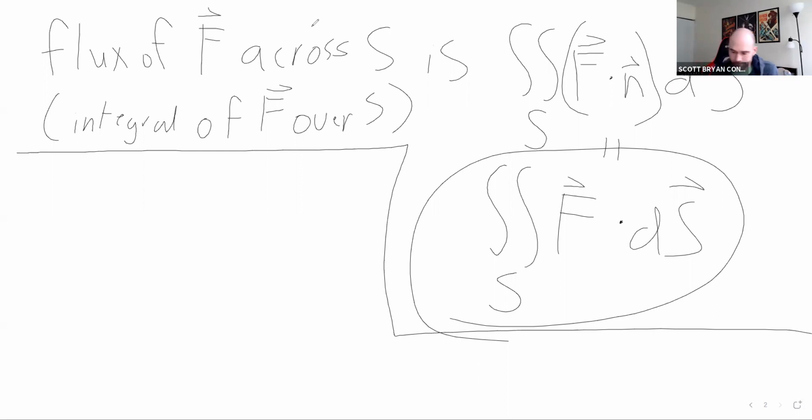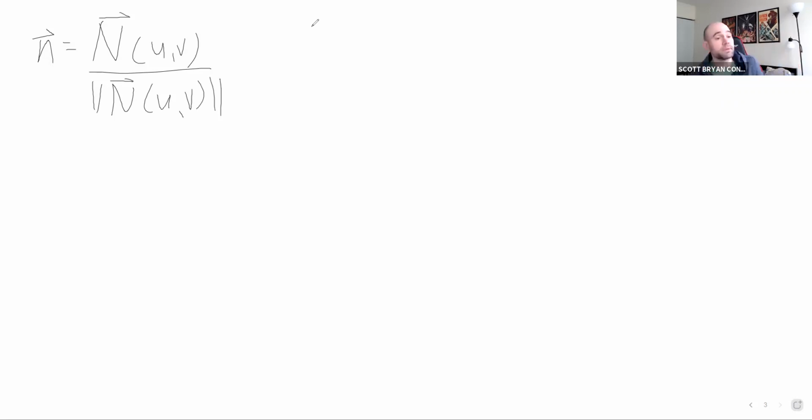Okay, so let me do this on another page. Okay, so our unit normal vector, we can think of it as what I will write as, this is a little different than what I wrote yesterday. It's going to essentially be the same thing, but maybe a little less ambiguous. So it's going to be capital N of uv over the magnitude of N of uv.